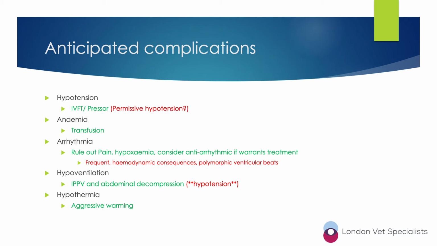And whether to use antiarrhythmics, the first line would be lidocaine. You have to decide how frequent are these arrhythmias. Are they causing a hemodynamic consequence? So is the blood pressure markedly reduced while the arrhythmia is occurring? And what do they look like on the ECG?